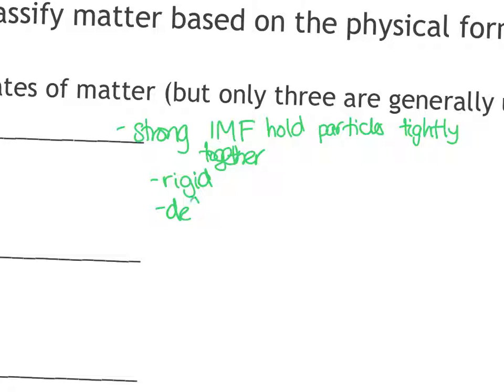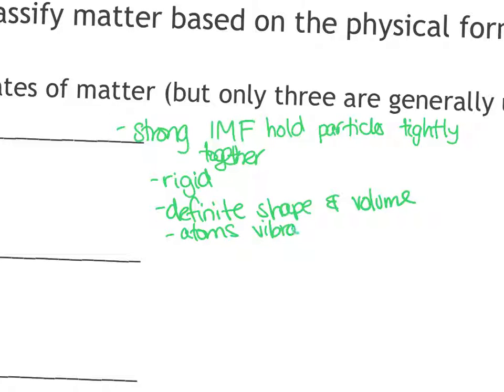They have a definite shape and volume. And the atoms or particles vibrate in place. They oscillate, vacillate. Yep, they're going to move back and forth in place. So even though it looks like your desk is stationary, those particles are still moving.